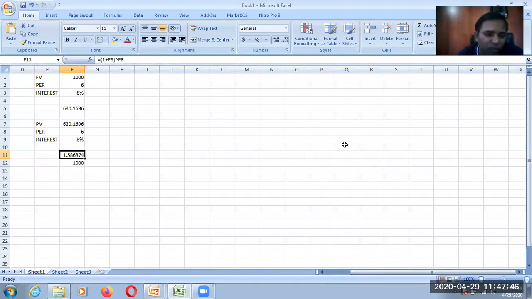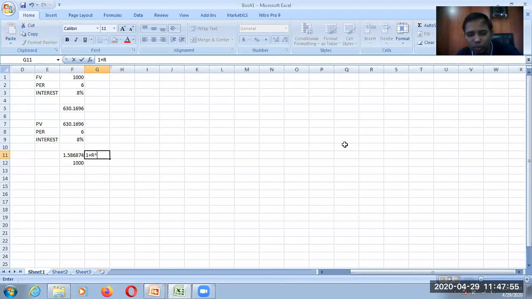So this is the formula, which says 1 plus r raised to n. This will give you the factor value. When you multiply this factor value with the present value, whatever the present value amount you have, it will become your future value for that respective time period.